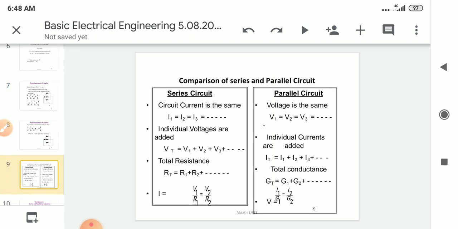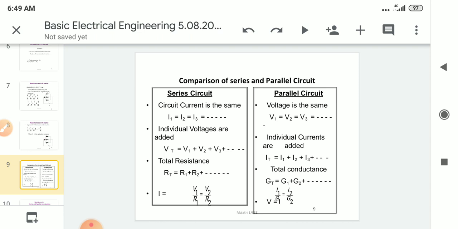Let's see the comparison of series and parallel circuits. Current is the same in a series circuit. Voltage is the same in a parallel circuit. In a series circuit, the total voltage is the sum of all the voltages, V1 plus V2 plus V3, and so on. In a parallel circuit, the total current is the sum of the individual currents.